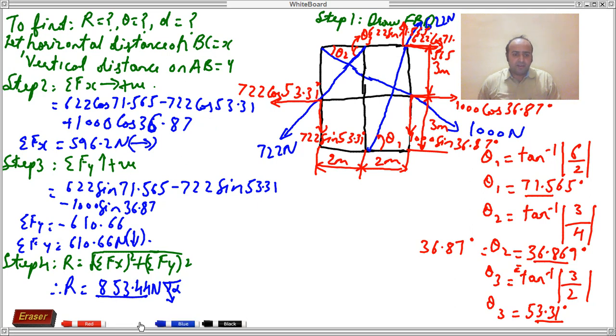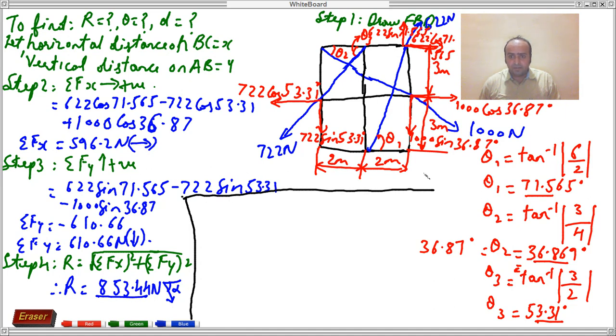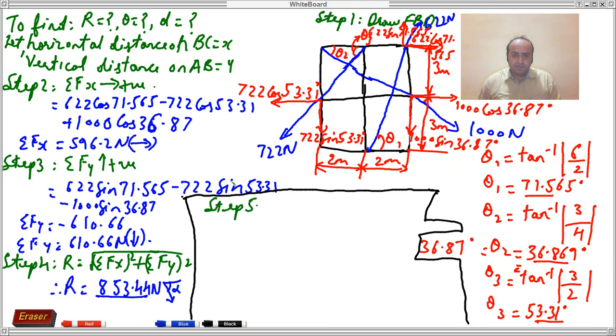Now, step number 5. Let me write it over here, my dear friends. I'll just make this column so that things become easier for everyone to understand. Step 5 will be alpha is equal to tan inverse of modulus of summation Fy by summation Fx.